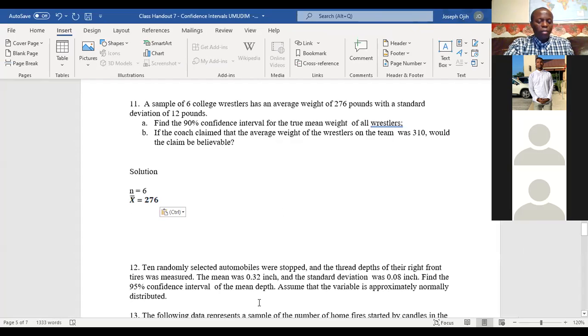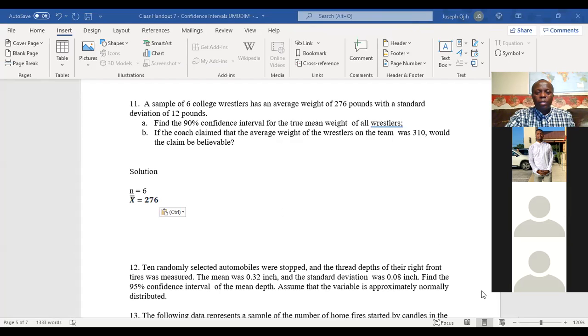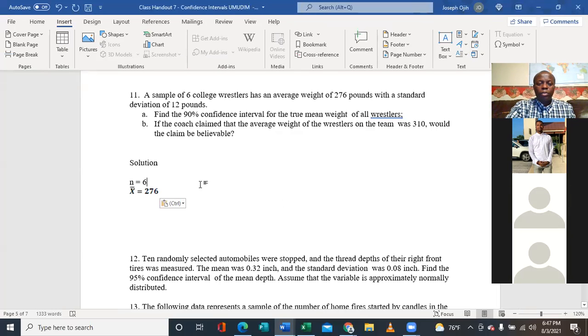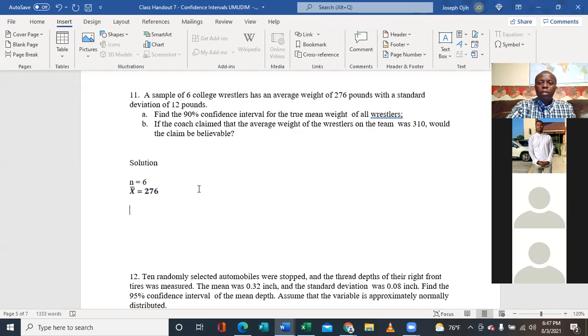And the standard deviation for the sample, I'm going to get it from here, equals 12 pounds.